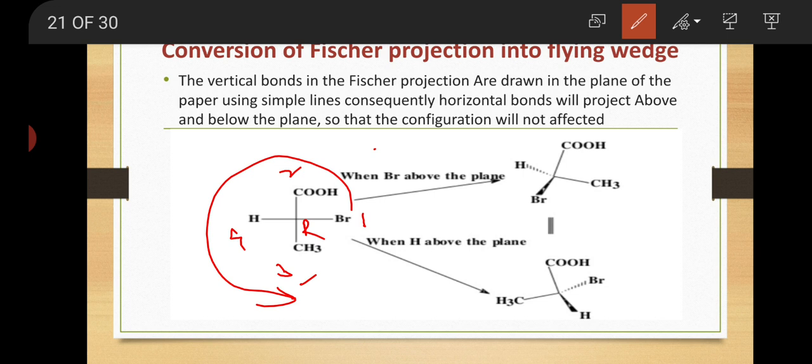When this Fisher projection formula is converted to flying wedge or wedge dash, the horizontal bonds, that is Br and H, go above the plane and below the plane, whereas the vertical bonds, that is COOH and CH3, lie on the plane of the paper with simple lines.